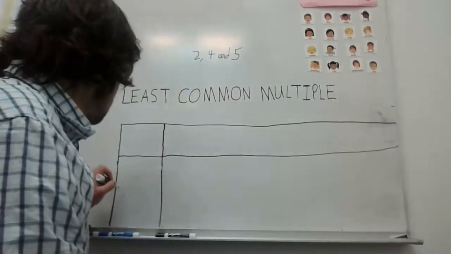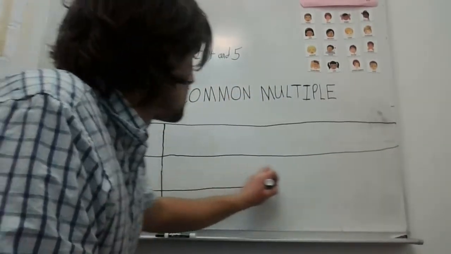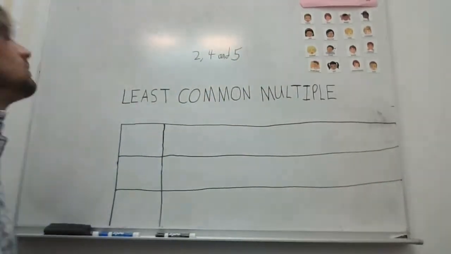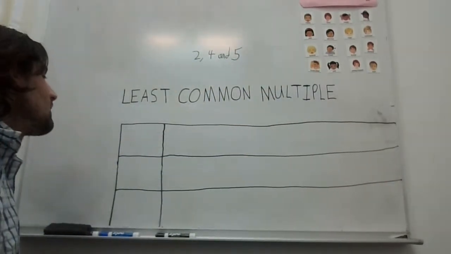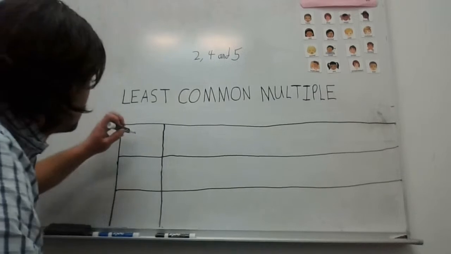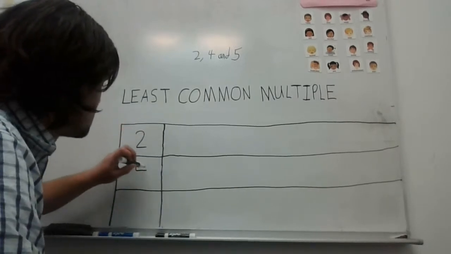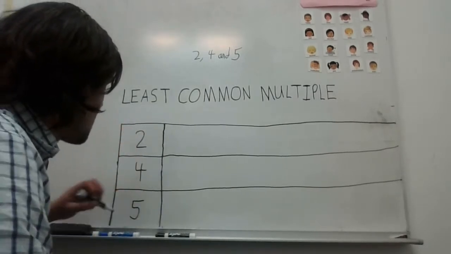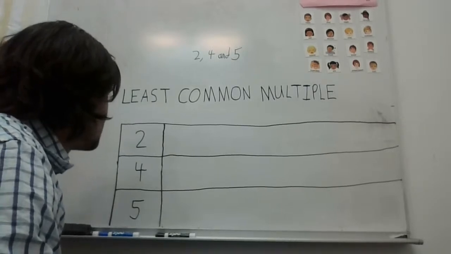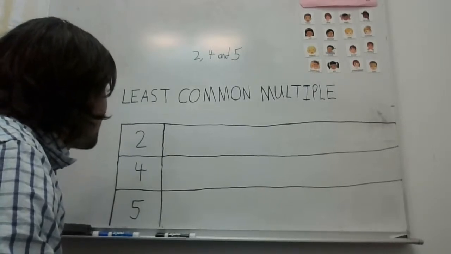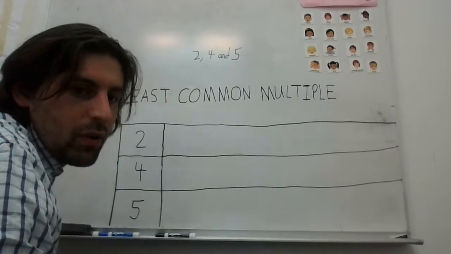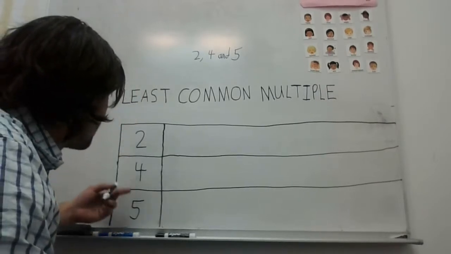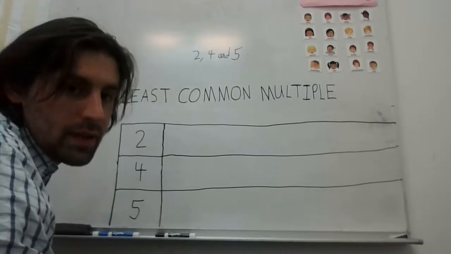There's 1, 2, and 3. Okay. So 2, 4, and 5. So now we have to find the least common multiple for 2, 4, and 5, the least common multiple for all 3 numbers.